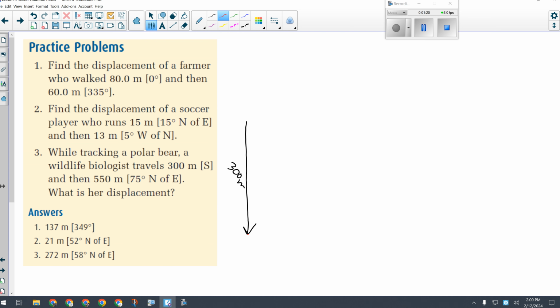So I'm gonna draw my reference line due east, and then I'm gonna go 75 degrees north of that. That's like that. And then I'm gonna draw a line that is 550 meters long. That might not even be quite right. Could maybe be a little longer than that even.